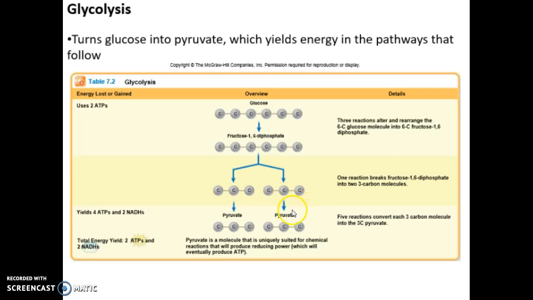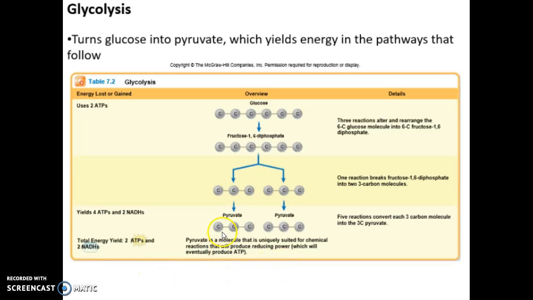The end product of glycolysis is the production of 2 pyruvate molecules. At this point, the reaction will also yield 4 ATP molecules. So the total energy yield with 1 molecule of glucose is 2 ATPs and 2 NADH molecules. The NADH molecules are important because they carry the electrons, in the form of the hydrogen right here, over to the electron transport chain.